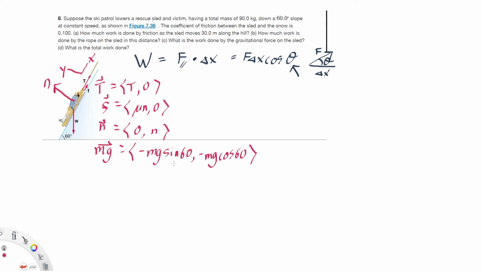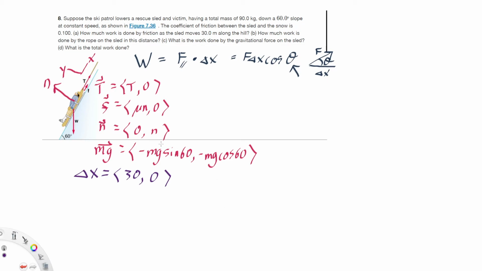Does anyone need an explanation of how we got this breakdown? We also have that the distance we're moving up the slope is 30 meters, and with the way we have defined our coordinate system, that's 30 meters in the x direction.